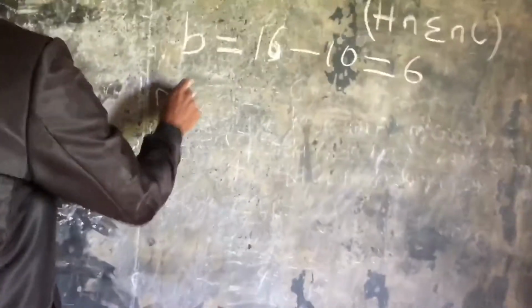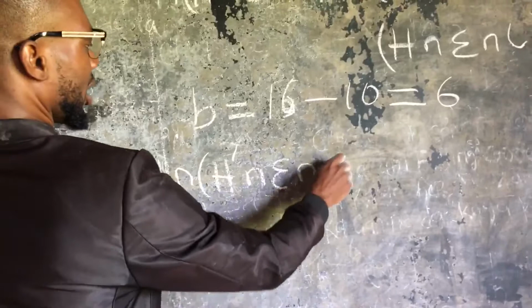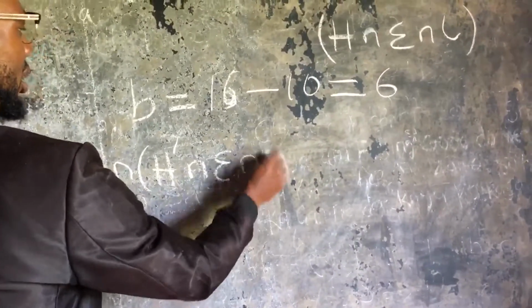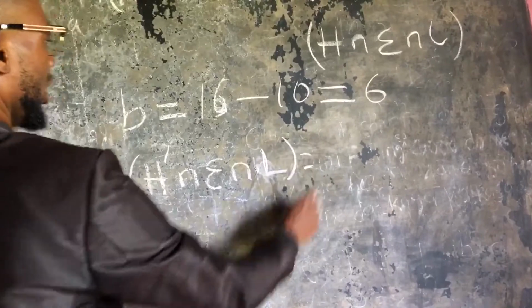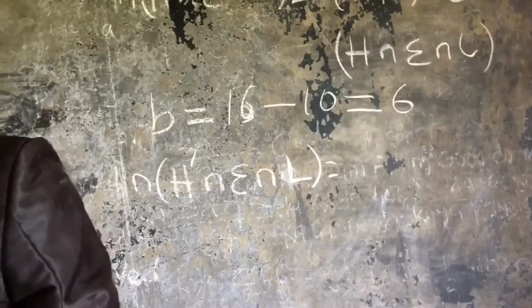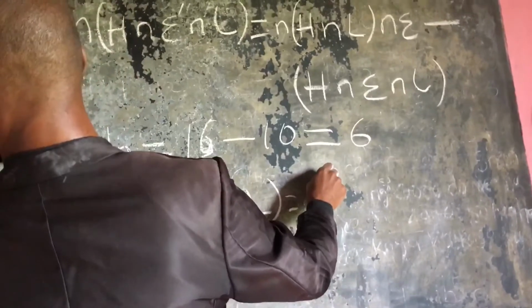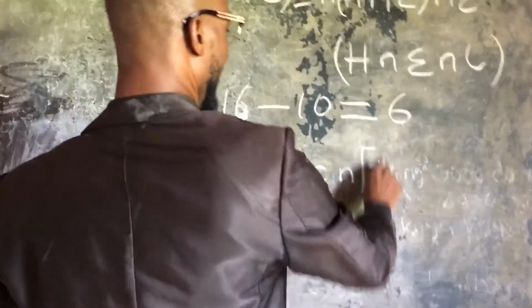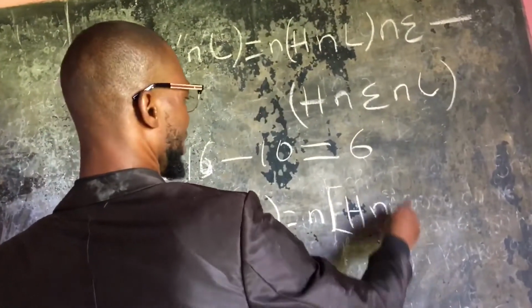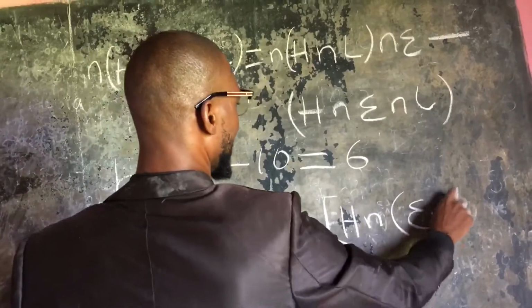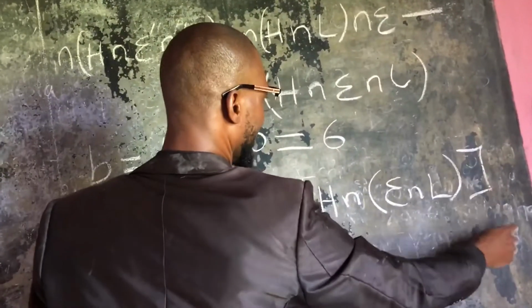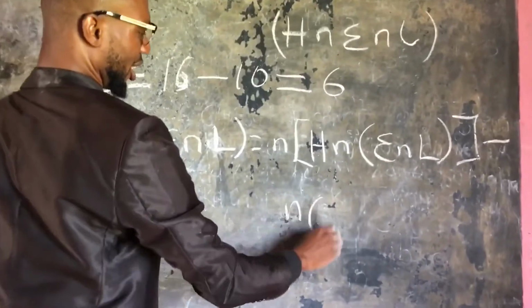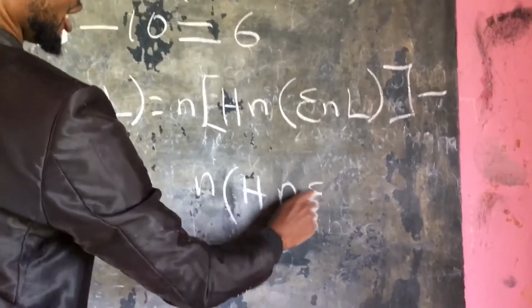So now we get H complement intersect E intersect C intersect L. It's supposed to be this one: H intersect E intersect L, all in brackets, minus H intersect E intersect L.